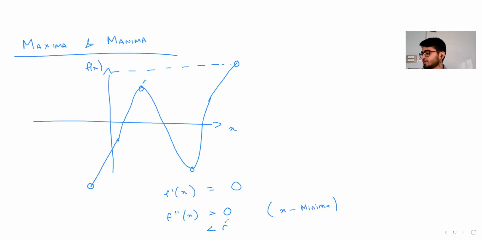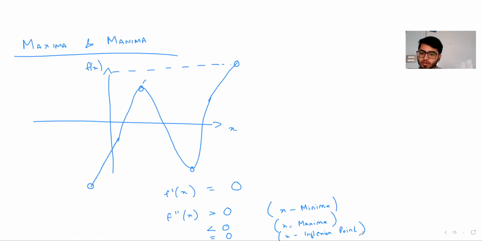And if it is less than 0, it will be a point of maxima. And if it is equal to 0, then x will be nothing but an inflection point.